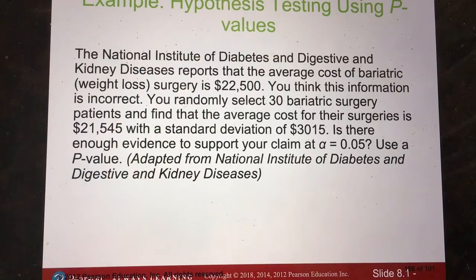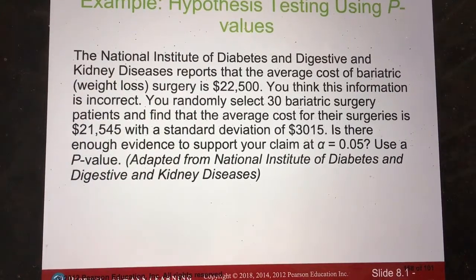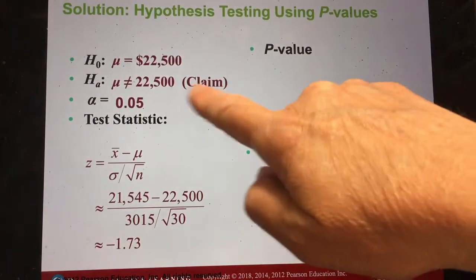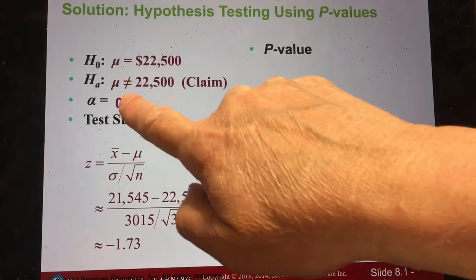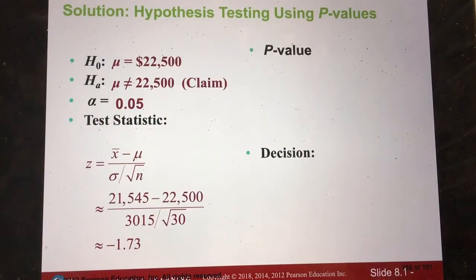Is there enough evidence to support your claim at alpha equal to 0.05? Okay, so the claim is that it's not equal to 22,500 because they were saying it was equal to 22,500, so you're just saying it's not.